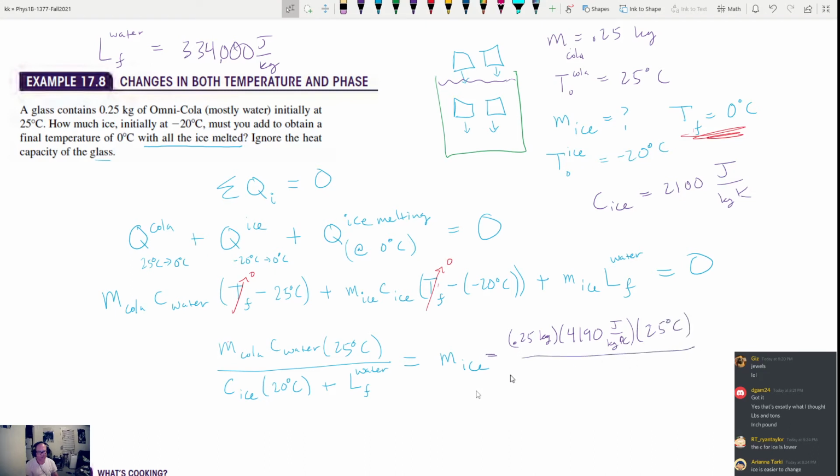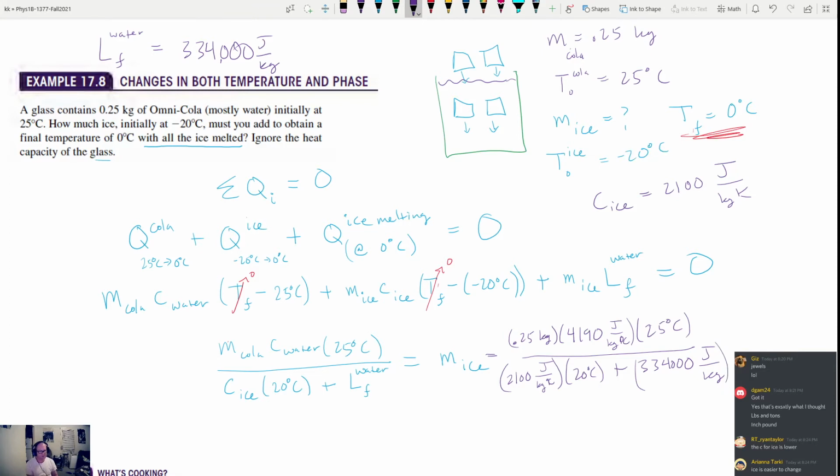Divide by specific heat of ice, which we said was 2100, degrees Celsius as well, times 20, plus latent heat of fusion of water, 334,000 J over kg. That's a 4. If I could change one thing about this problem, it would be that I didn't have to do that every time I wrote a 4.